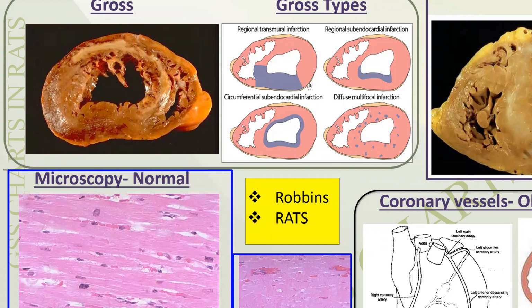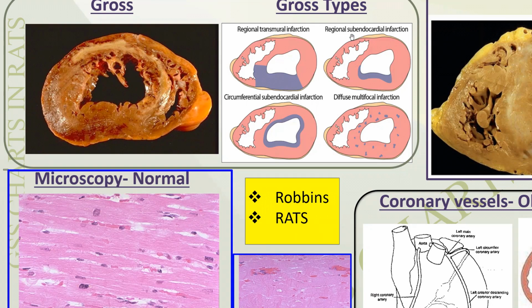Coming to the patterns of myocardial infarction, it can be circumferential. It involves the entire circumference, as it is seen over here. Or it can be transmural. Transmural means the entire thickness is involved: the endocardium, myocardium, and it extends up to the pericardium itself.